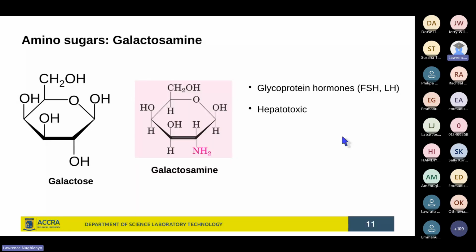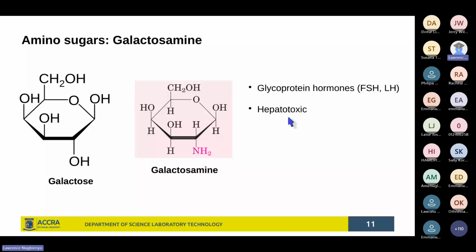But another aspect you can also talk about with galactosamine is that it has a hepatotoxic effect. That is, it can have a toxic effect on the liver. So in the laboratory, a lot of times people who are doing some animal studies, particularly with some rats or some mice, induce, say, the condition of hepatitis.